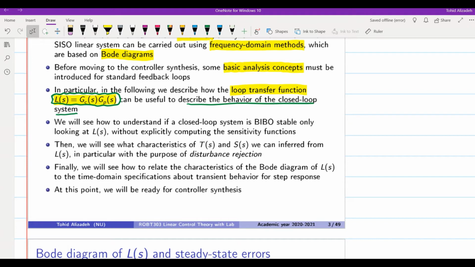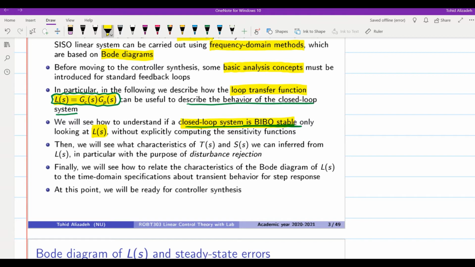So basically we see how to understand if a closed loop system is stable only by looking at the L(s). So if we have the Bode plot for L(jω) or L(s), looking at the Bode plot or using some other frequency methods that we will consider later, we will determine whether the closed loop system is stable or not.